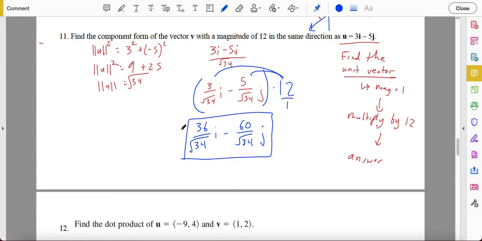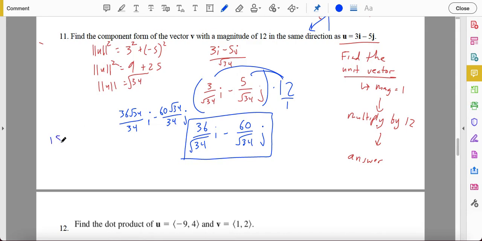Now, if we want it fully simplified and rationalized, we multiply by root 34 over root 34 to get 36 root 34 over 34 i minus 60 root 34 over 34 j. Then this simplifies a little more because 36 over 34 is 18 over 17.